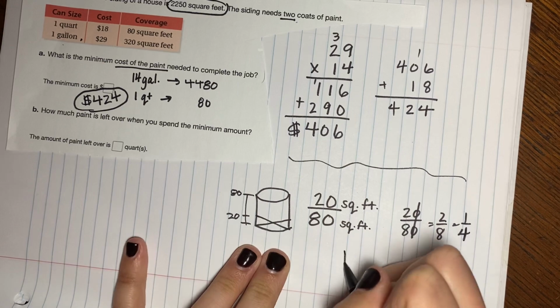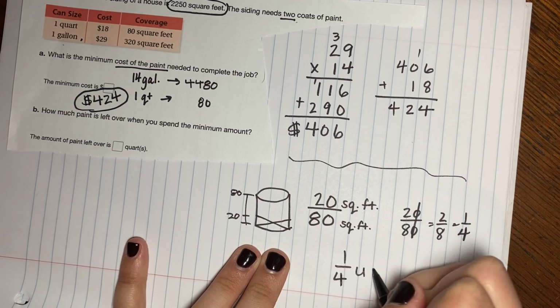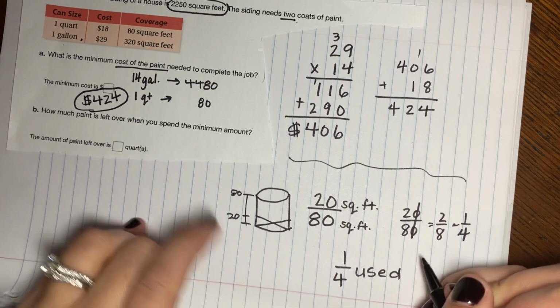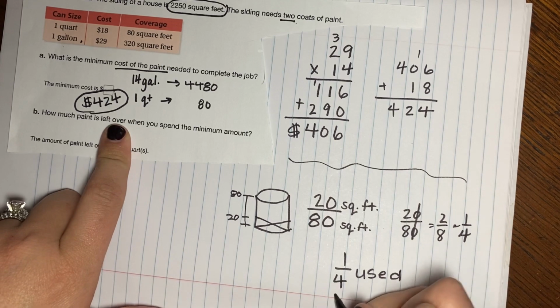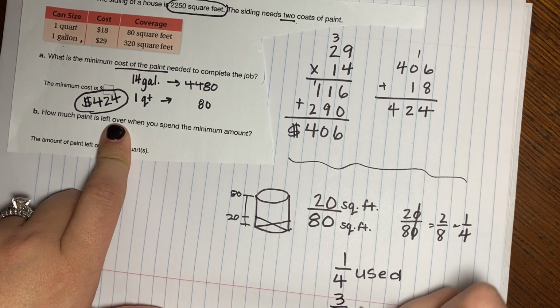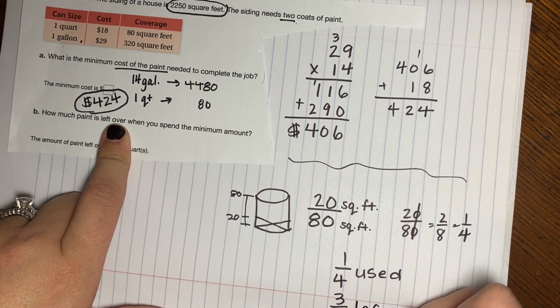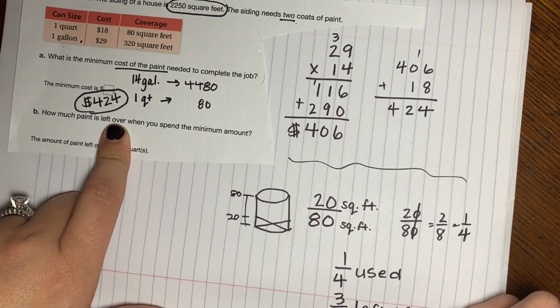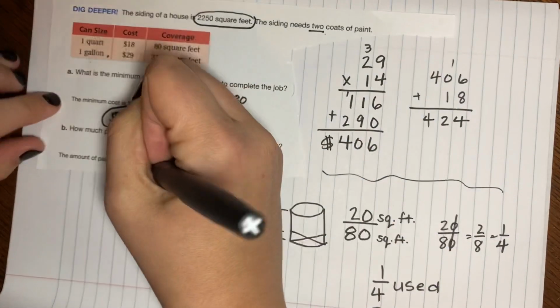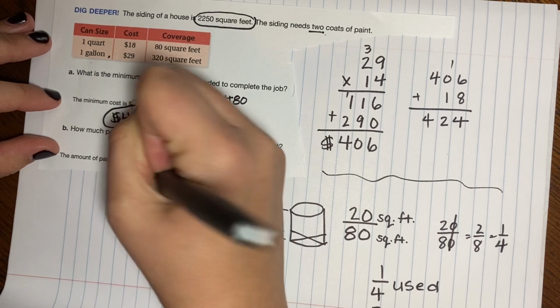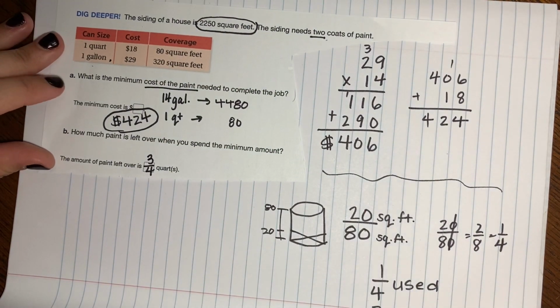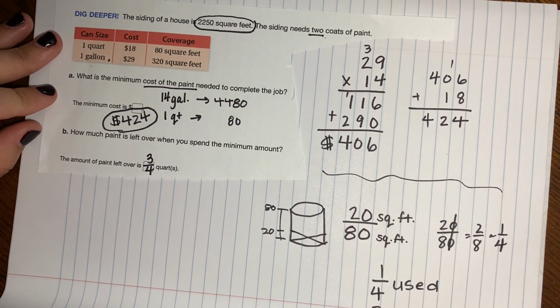So 1/4 is used. That means how much is left over? 3/4 is left over. 3/4 of the quart. So 3/4 quart are left over.